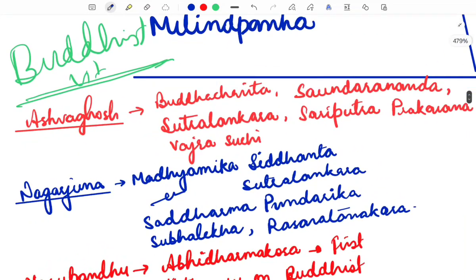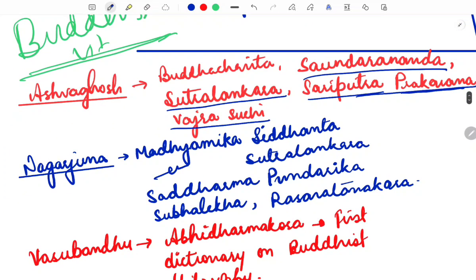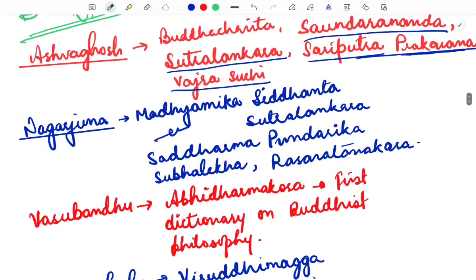So Ashwaghosa's work, Buddhacharita, you already heard that 5-10 minutes ago, and Sundarananda, Sutralankara, Sariputra Prakarana, Vajra Suchi, these 4-5 works were written by Ashwaghosa.